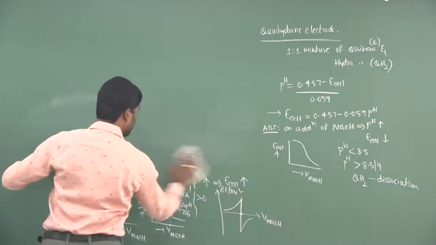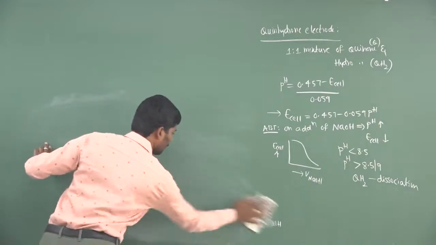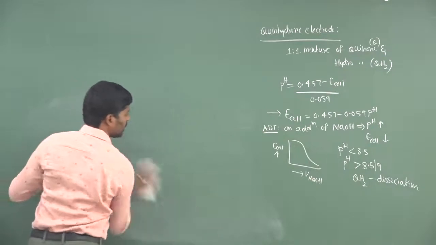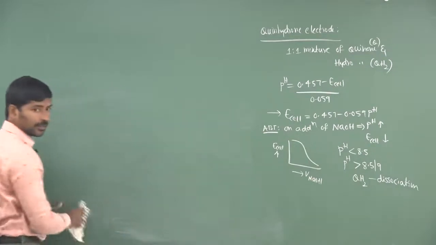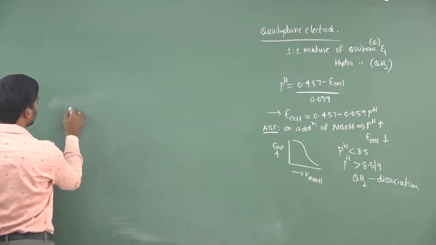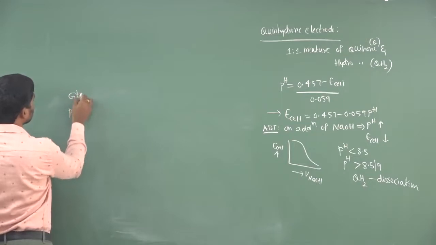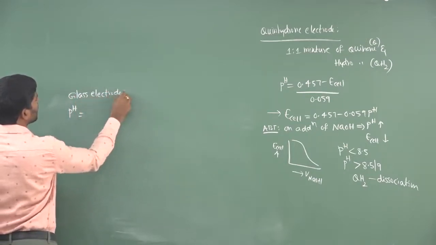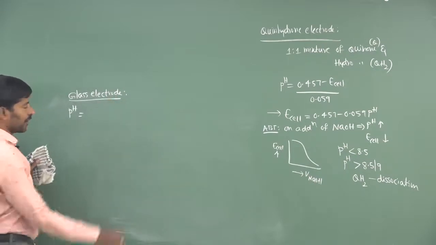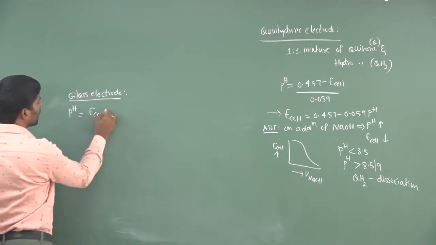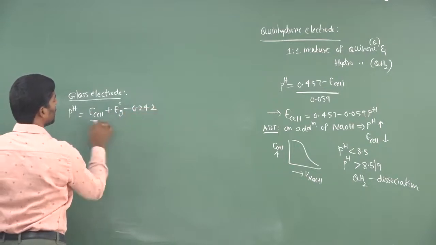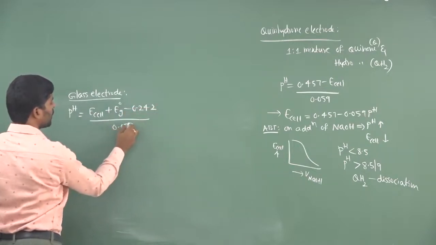Next, by using the glass electrode. What is the formula? pH is equal to... the glass electrode is an example of an ion selective electrode. The formula is E cell plus Eg naught minus 0.242, divided by 0.059.